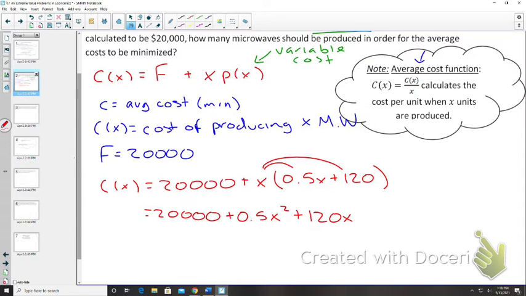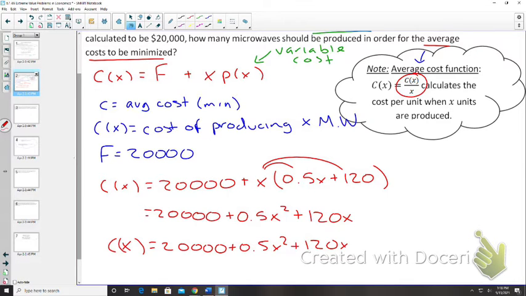But remember, we want to find the average cost. We want to minimize the average cost. So what we have to do here is divide our C of X by X to find the cost per unit. So C of X is equal to 20,000 plus 0.5x squared plus 120x.